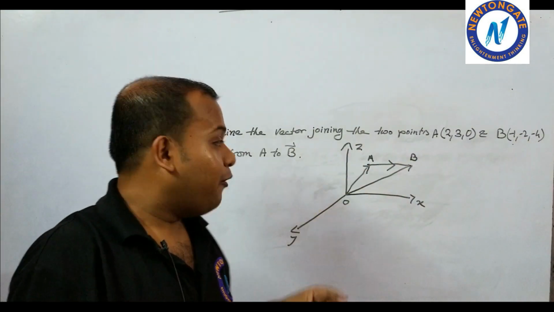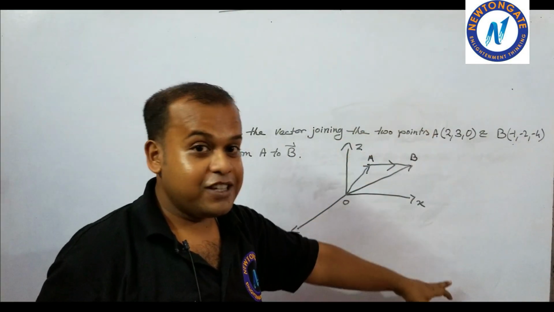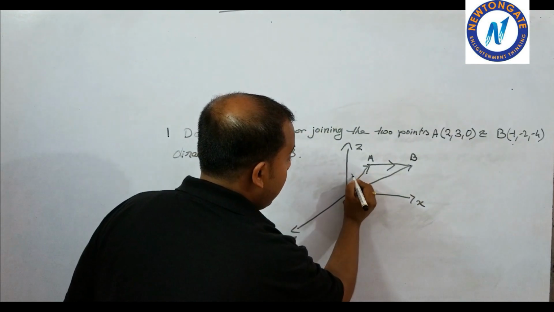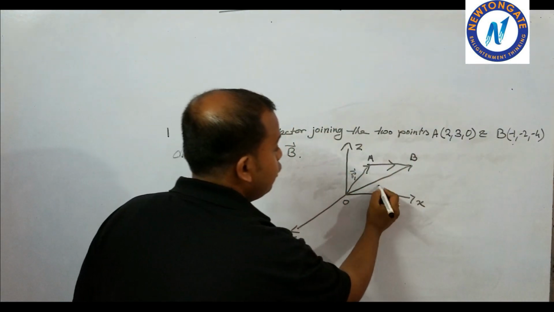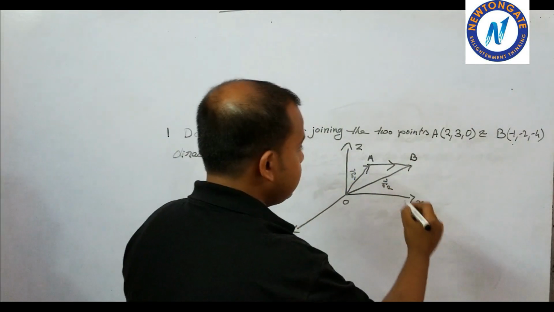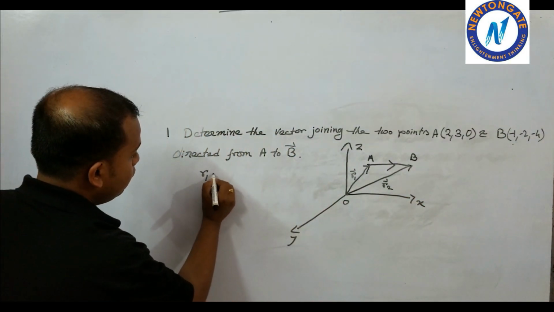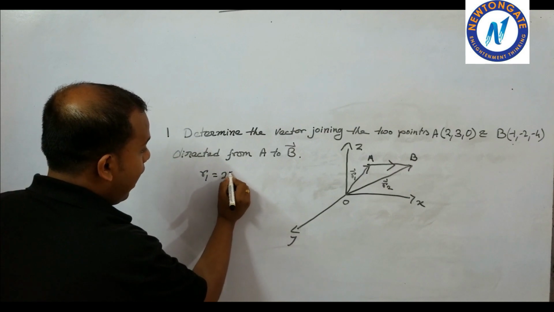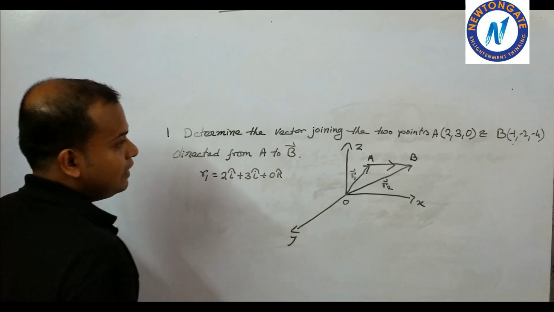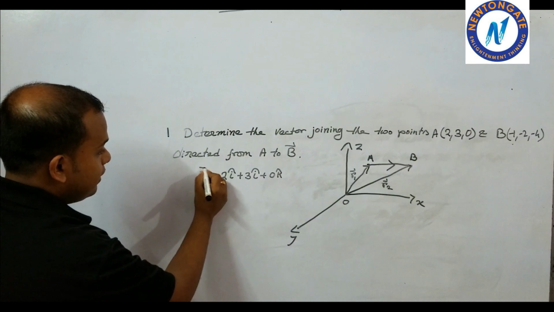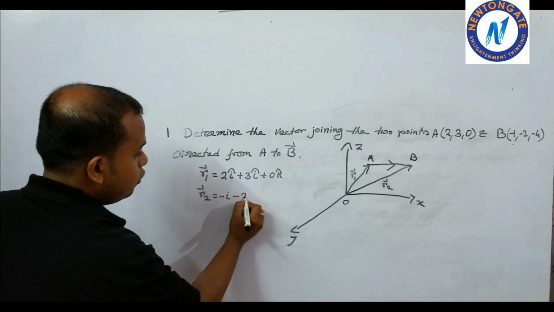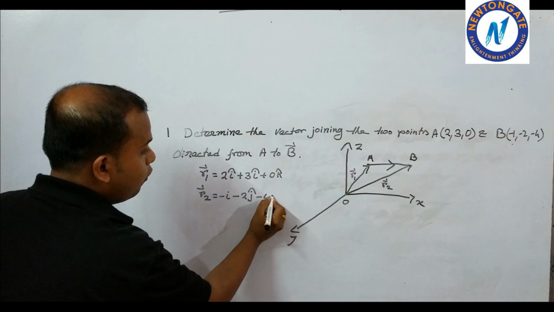So now our first approach is to write the expression for the position vector of A. If I consider the position vector of A to be R1 and that of B to be R2, then R1 will be 2i plus 3j plus 0k, and R2 will be minus i minus 2j and minus 4k.